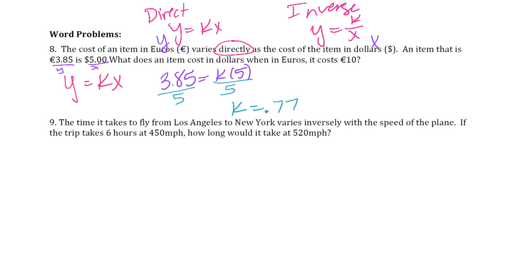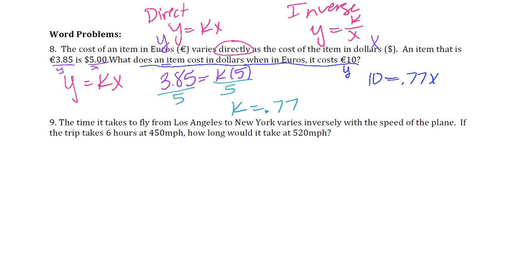Now we need to use it to solve for the next piece, because it asks us, what does an item cost in dollars when the euros are 10? So it's 10 euros, so that's our y value. And we know that k is 0.77, but it's asking us how many dollars that is. So we don't know our x, so we need to solve for it.